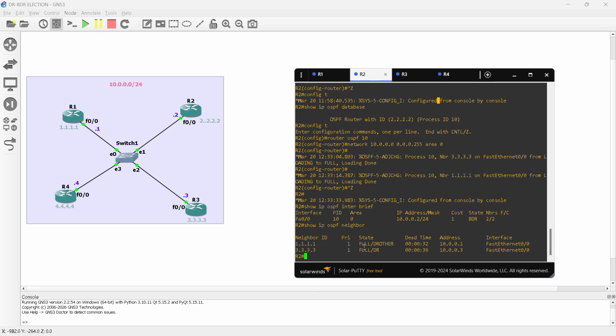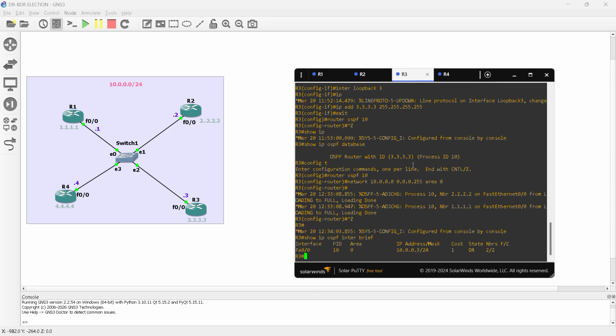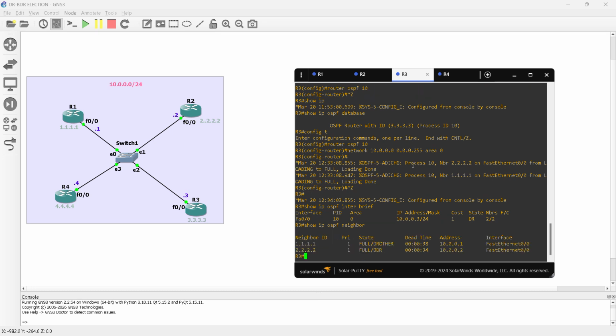R1 is in the state of fully synchronized and in DR other. Similarly with the case of R3, R1 is in state of DR other and R2 is in state of BDR.